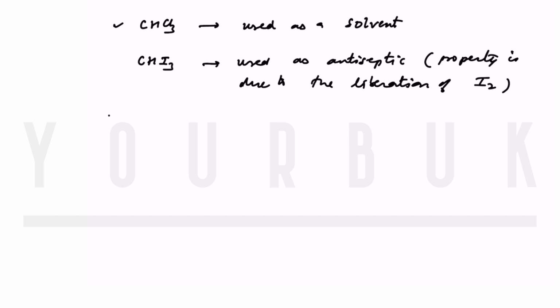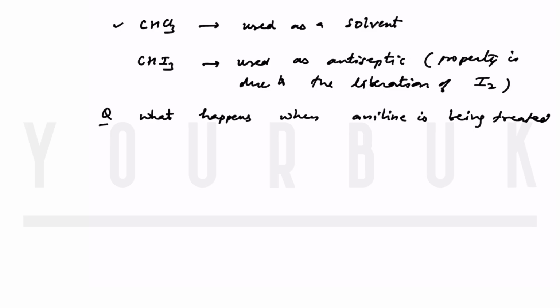Now one question we'll discuss. The question is: what happens when aniline is treated with chloroform and alcoholic potash? In these types of questions, we have to write the equation.